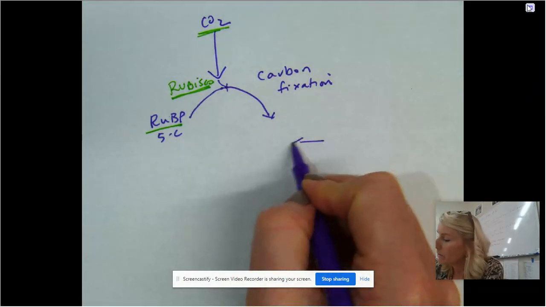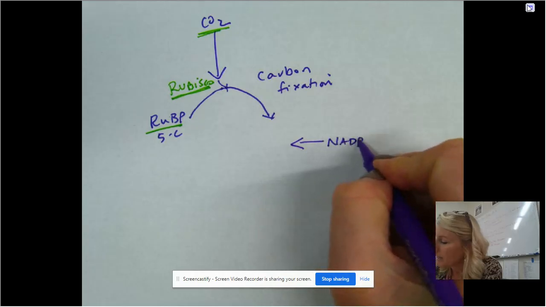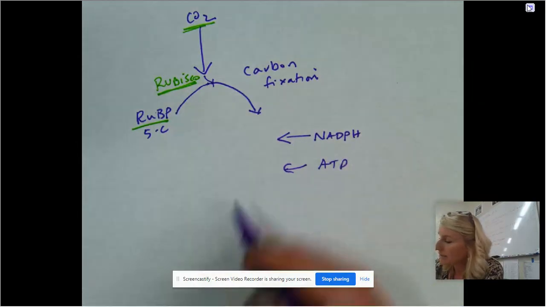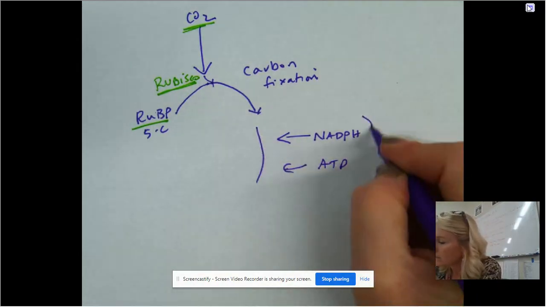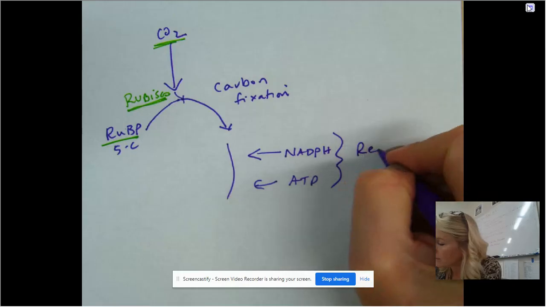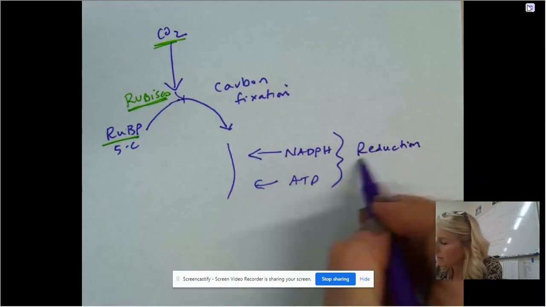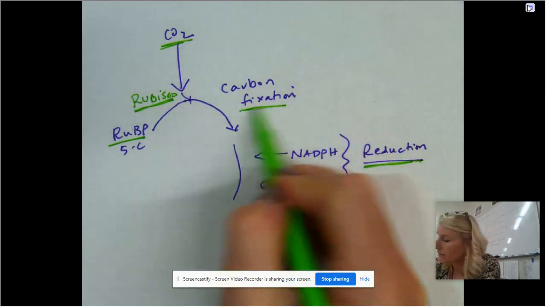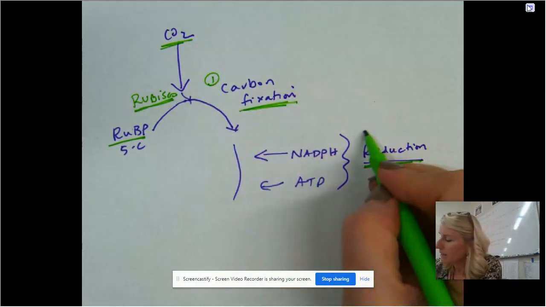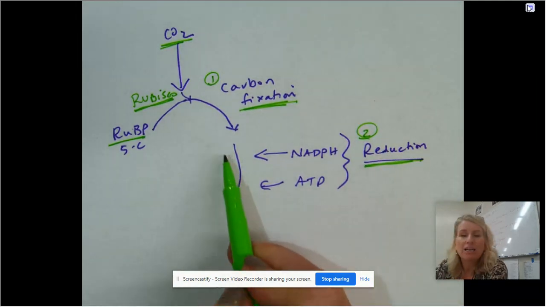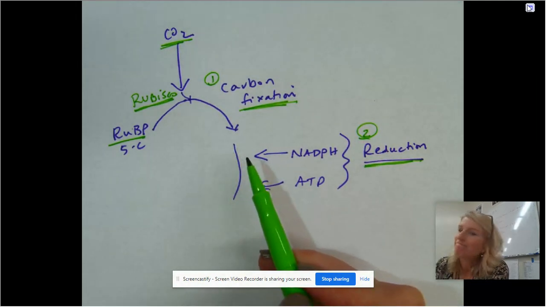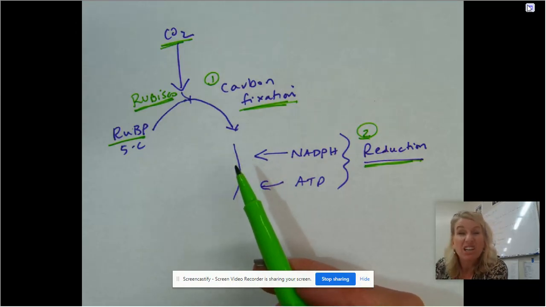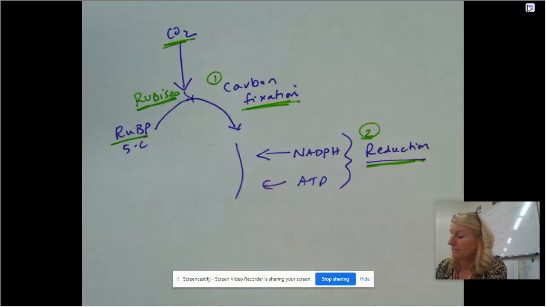Then we are going to throw some NADPH at it, and we're going to throw some ATP at it, in the process called reduction. I guess I should underline that in green. So that would be step 1. That's step 2. Notice how I didn't include any of the intermediates right here. We don't need to know it. You need to know big picture of fixation, reduction, generally what's happening there, and then regeneration.